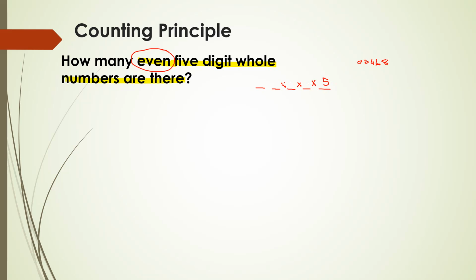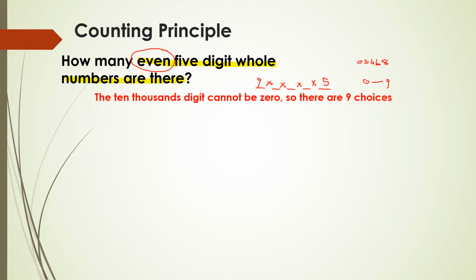For the first one, there's only even 5-digit numbers, so from 0 to 9 is 10 digits, but it can't be 0. So there's 9 digits available for the first number, if you think about this. And then 10 for each one of the others. The others can be whatever they want to. We know even numbers are all divisible by 2 from the tens unit upwards. So the 10,000s digit cannot be 0, so there's 9 choices, as I said.